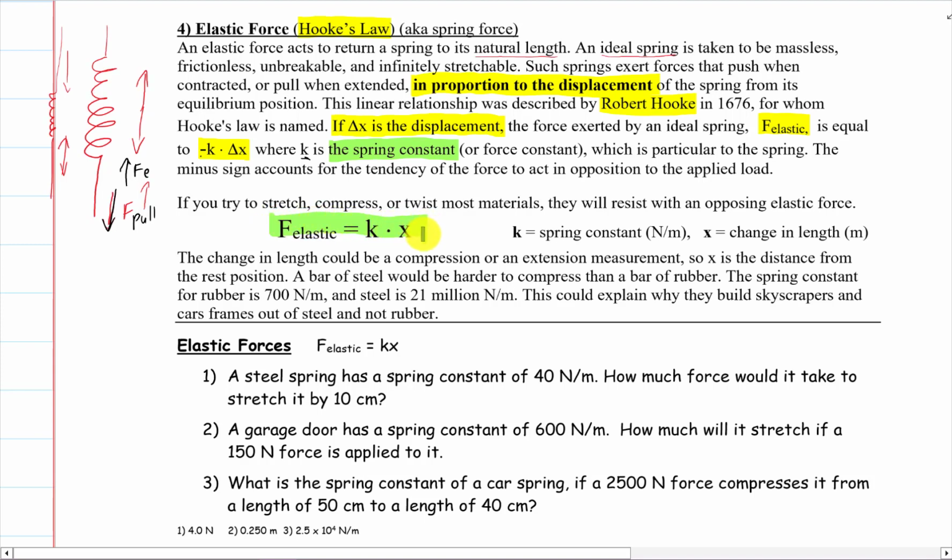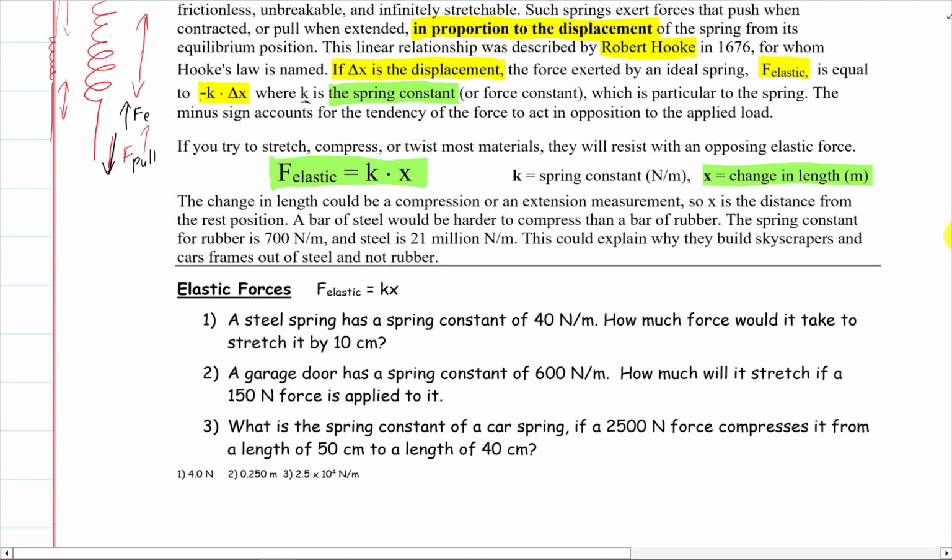The elastic force is equal to Kx. If you want, you could put a negative in there. We just know what direction the elastic force is. And x is how much, in meters, the length has changed. And the change in the length could be a compression or an extension.